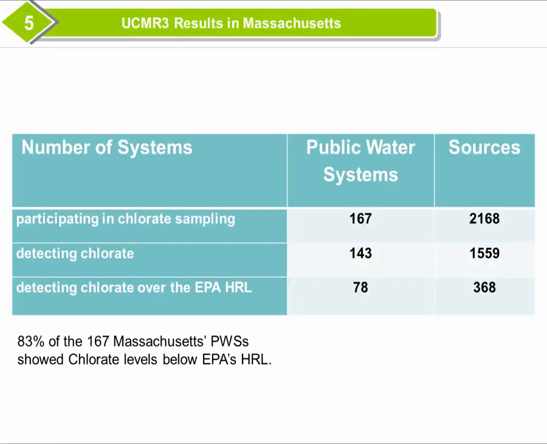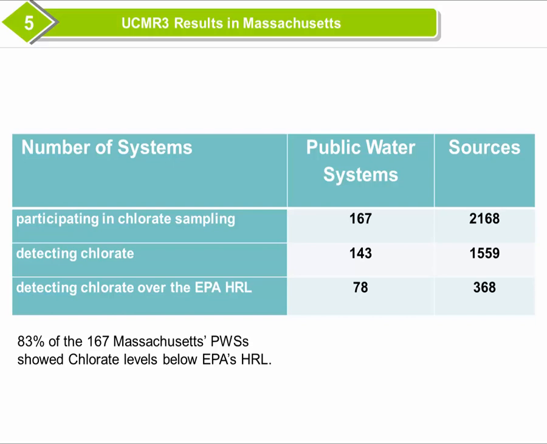The UCMR3 results in Massachusetts. From 2013 to 2015, 167 public water suppliers participated in the chlorate UCMR3 sampling, including 2,168 Massachusetts sources.